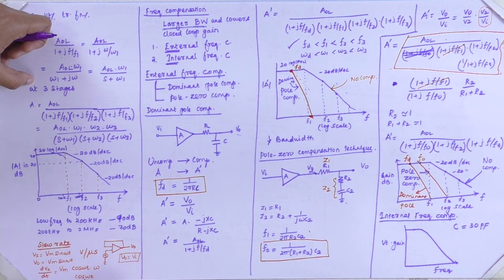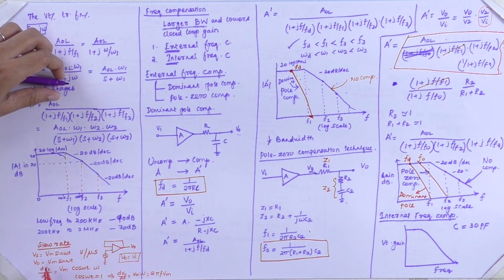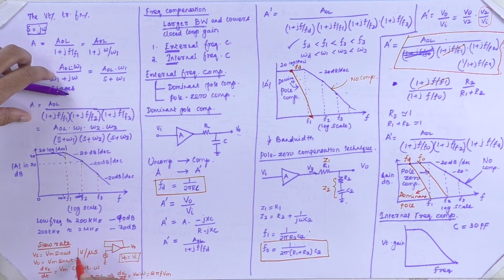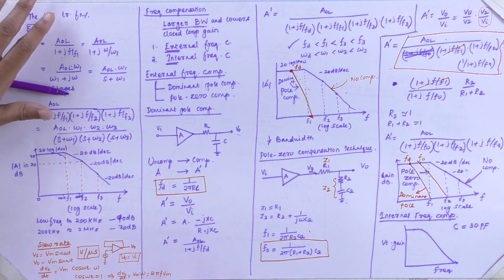Then we can calculate the output voltage change as 2 pi f into Vm. That's the concept behind the slew rate: the maximum rate of change of output voltage to the step input, usually measured in volt per microsecond.